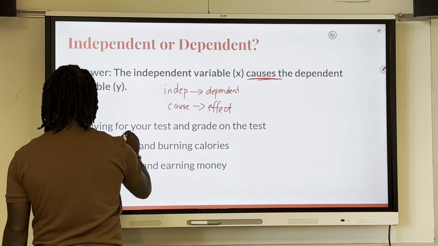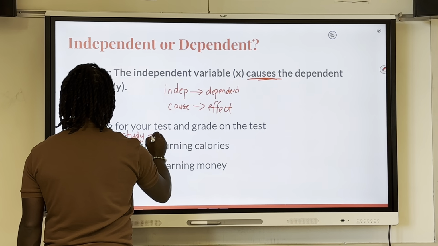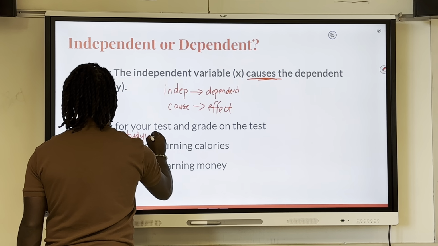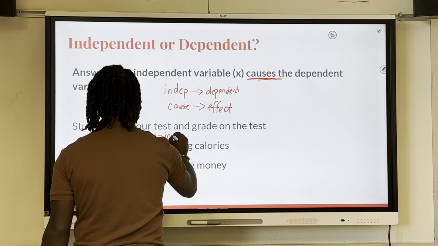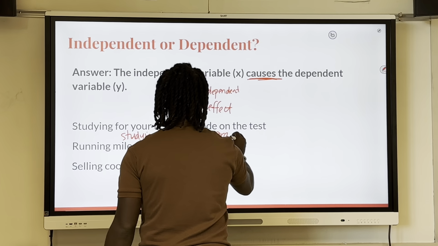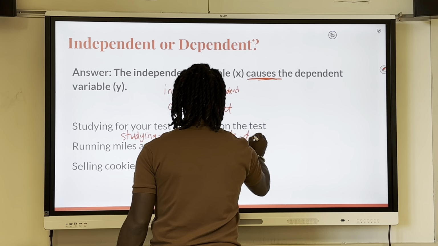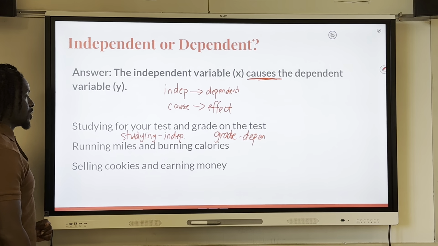So the amount of time that you study would be the independent variable, and the grade would be the dependent variable.